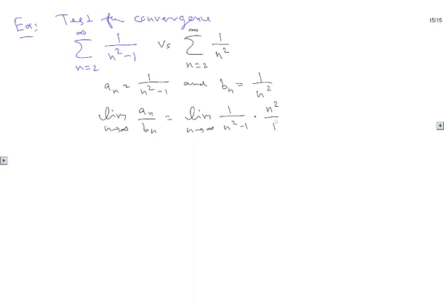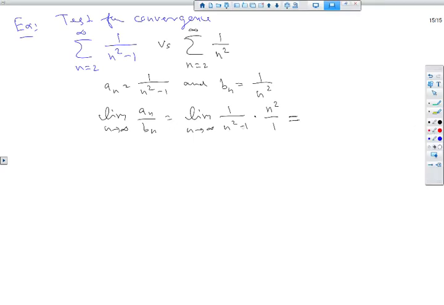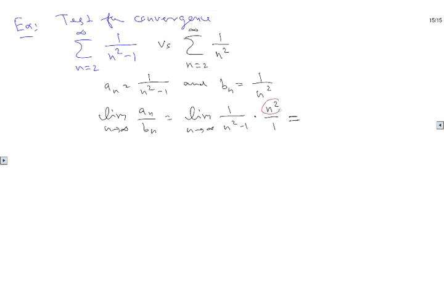Now when n goes to infinity, you can ignore the 1 here. These two terms are equal, so the limit is going to be 1, which is not equal to 0. If you just pick the dominating term from the numerator and denominator, it's always going to be 1. That's one of the shortcuts.